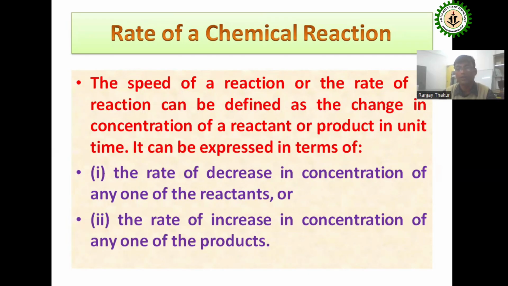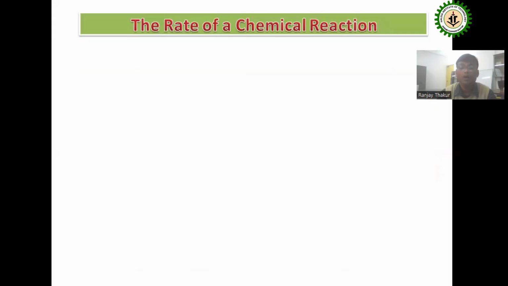If there is only one, there is no problem. If more than one, you can estimate it by considering any one of the reactants taking part in the reaction. Or you can consider the rate of increase in concentration of one of the products.